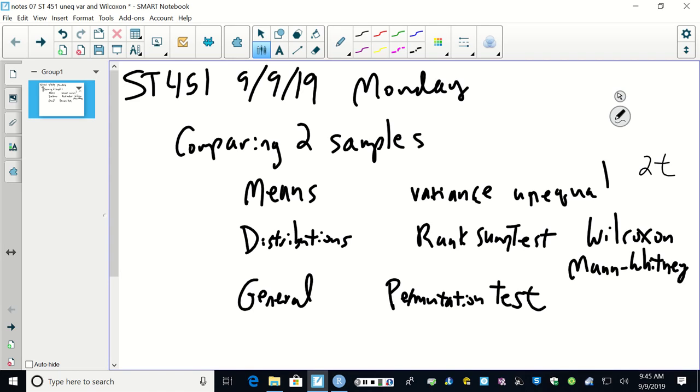We're talking about pooling that, but of course in some data we'll look at it and it'll be clear that the variances are not really equal, so that pooling assumption seems to be not accurate. And so there's a way we can do the two sample T procedure with unequal variances. And so we want to see about doing that.